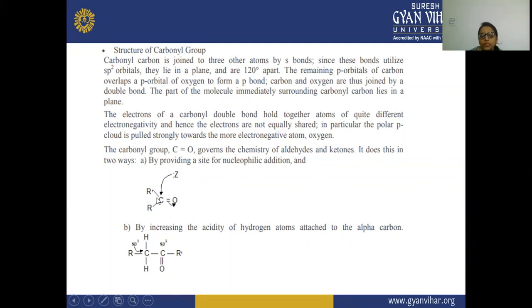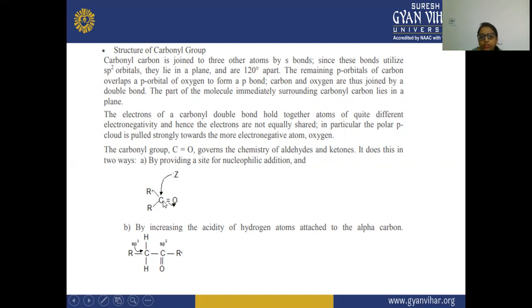Since oxygen is pulling electrons, this carbon has a deficiency of electrons, and a nucleophile, which can donate electron pairs, adds to this carbon as the bond shifts toward oxygen. This is known as nucleophilic addition.